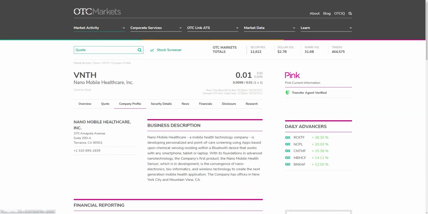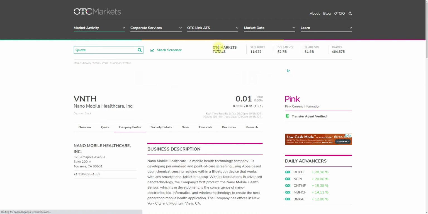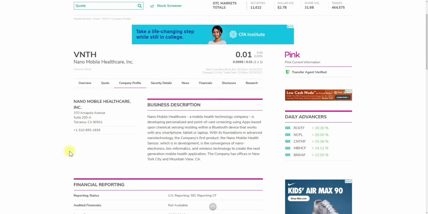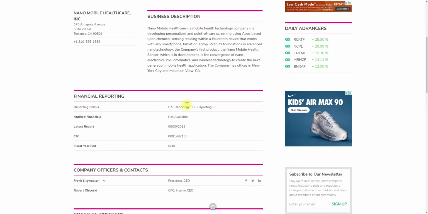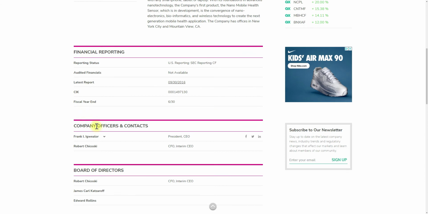If we hit company profile over on this side, it'll show us what this company is, where it's located, the phone number to get in contact with, financial status and reporting, and the company's officers, so the president and CEO, CFO. Sometimes these aren't updated.